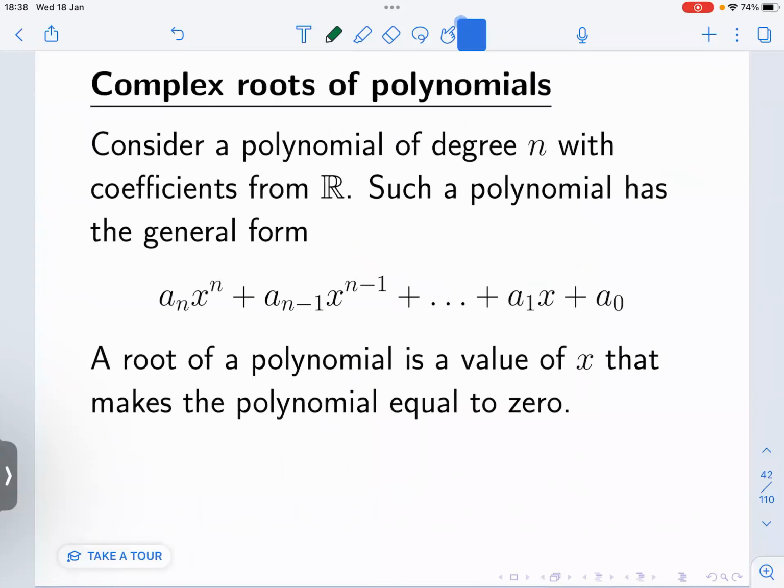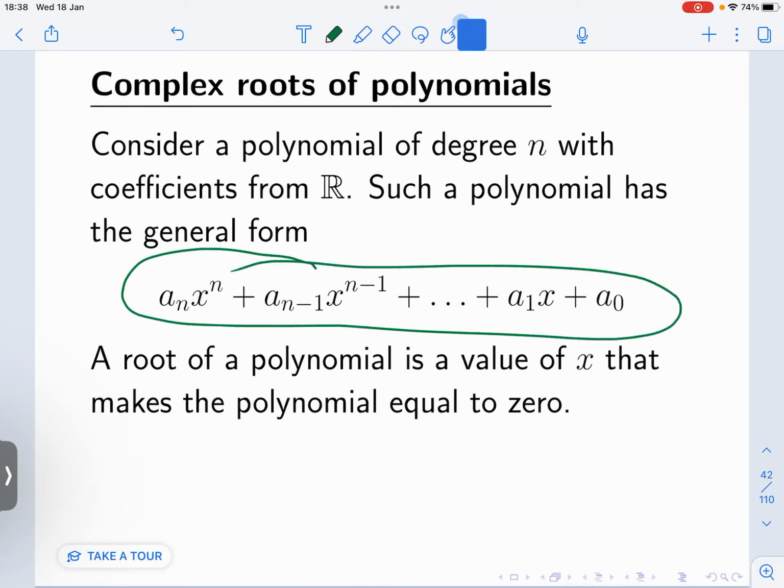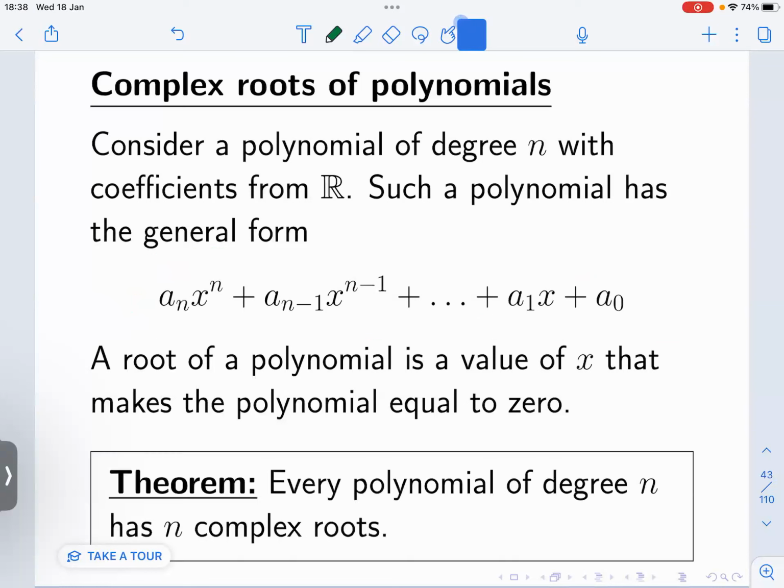Right, since we know the general expression of a polynomial function is given by that, we notice that every polynomial of degree n is going to have n complex roots.